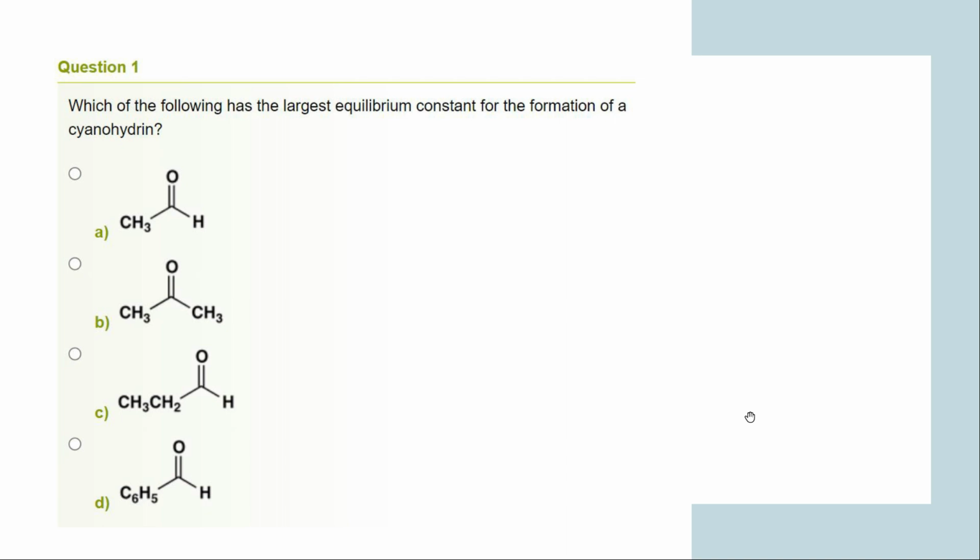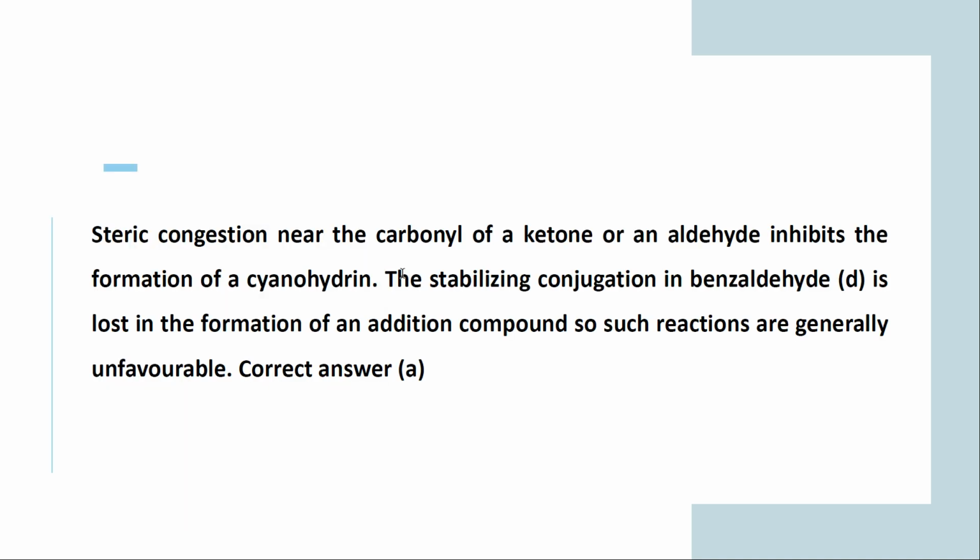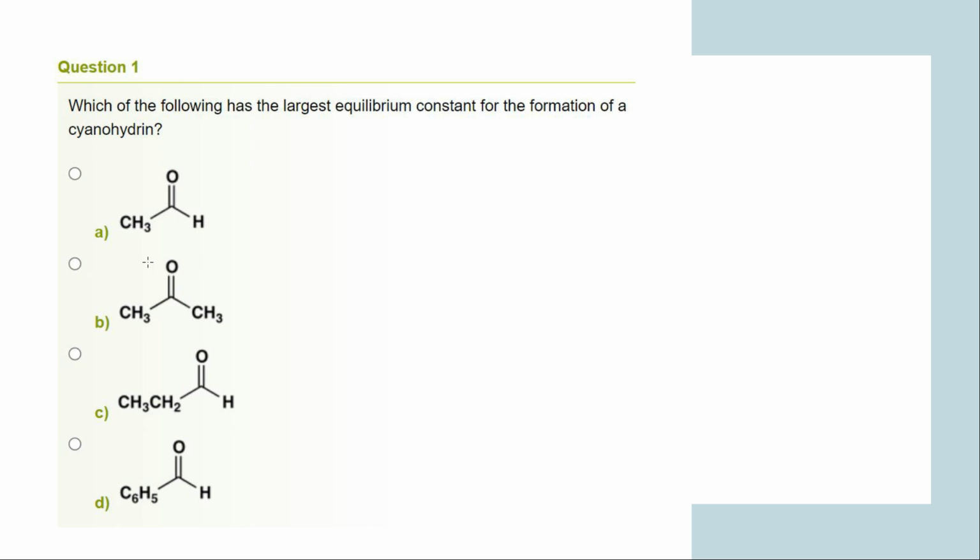We started with this cyanohydrin formation reaction, where we dealt with the question you had to figure out which of the following had largest equilibrium constant, and for that we figured out the substrate which will be containing the most electron poor carbonyl carbon. Okay, and here we saw that option A was the correct answer, because in all other three the reaction was either unfavored or the carbonyl carbon was very electron rich.